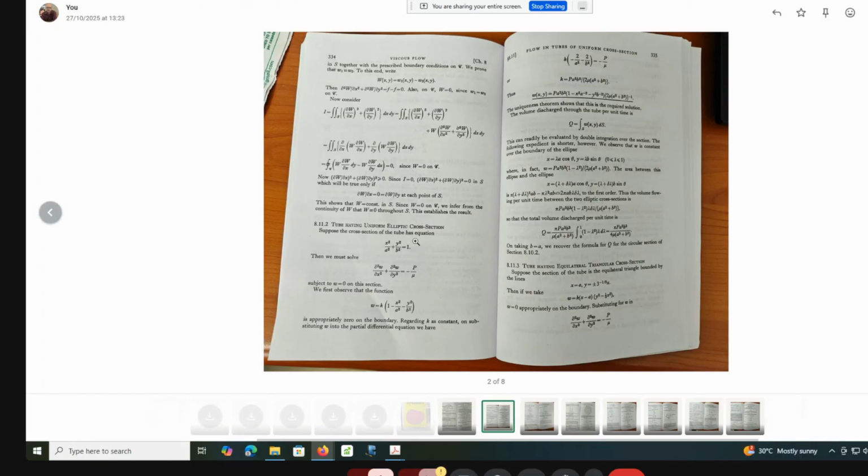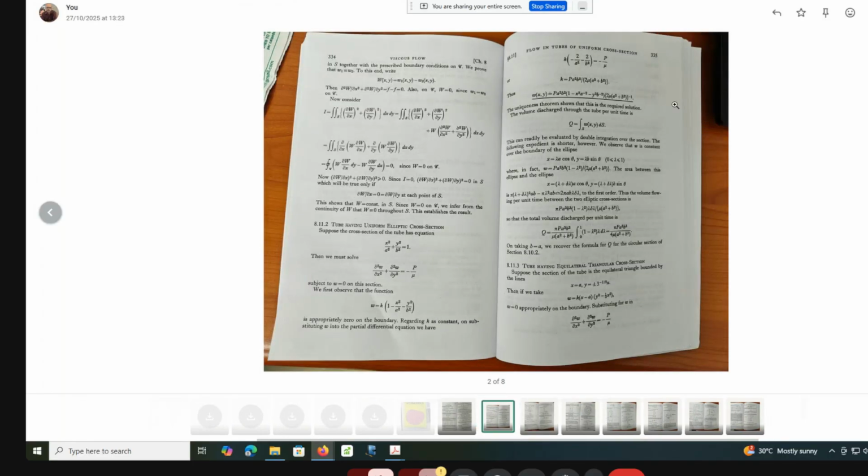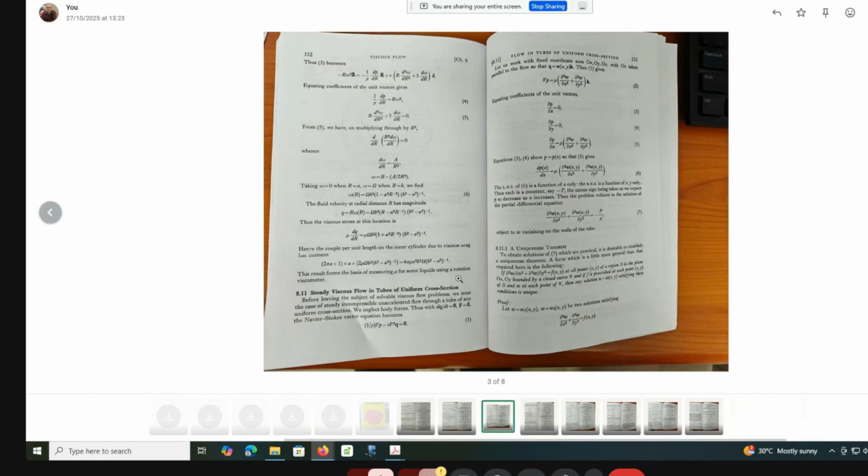But you know that this is the unique solution, that uniqueness theorem I give you. So once you have this W solution and P, coming from this, here you have this one.